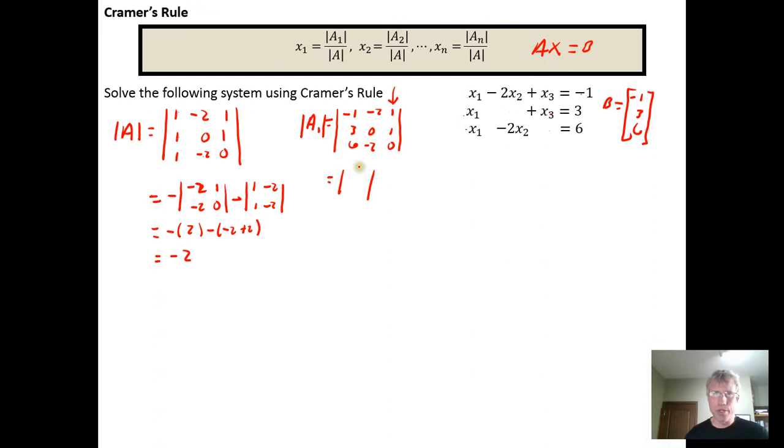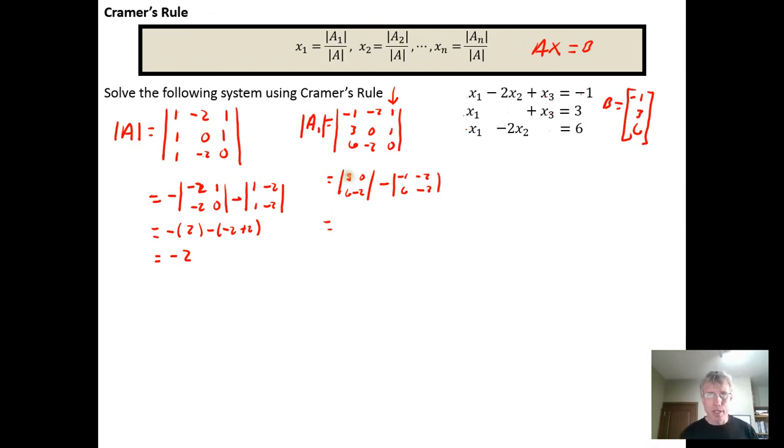So 3, 0, 6, negative 2 would be left. And plus minus, it's going to be minus 1 times the minor for column 3, row 2. And so if we cross those, we'll get a negative 1, negative 2, and a 6, and a negative 2.